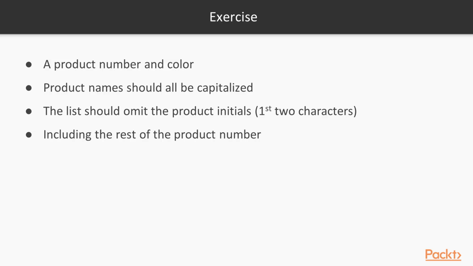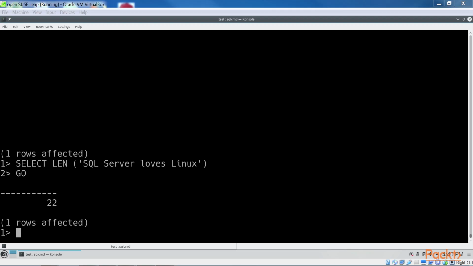Now, as an exercise, consider that your company manager requires a list of all products, which should contain a product number and colour next to the product name. Product names should all be capitalised, and the list should omit the product initials or the first two characters, but include the rest of the product number. How can you work on this? Let's write the query to get the results for the exact requirement.